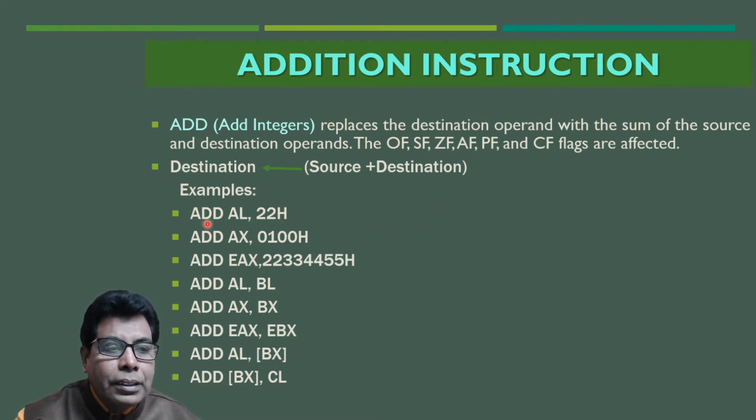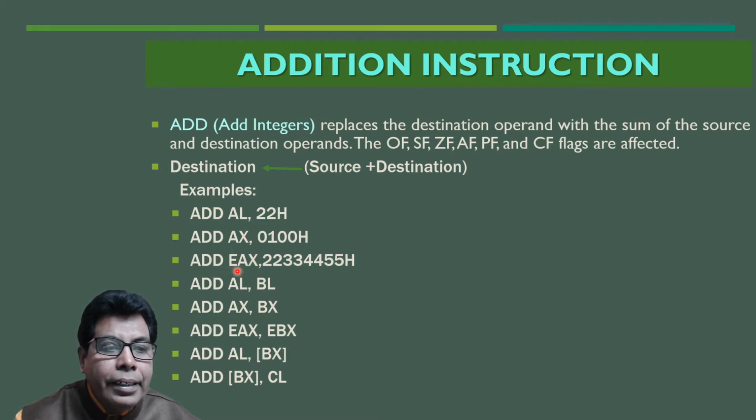The first instruction is ADD AL, 22. Here 22 is an 8-bit immediate operand. That will be added with AL and the result will be stored in the AL register. Then ADD AX, 0100. In this case the immediate operand is 16-bit and AX is also 16-bit, so the result will be stored in AX.